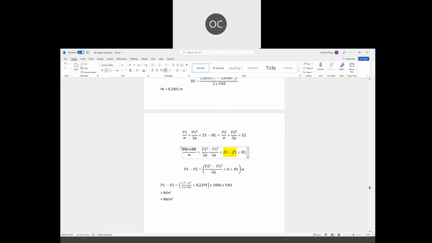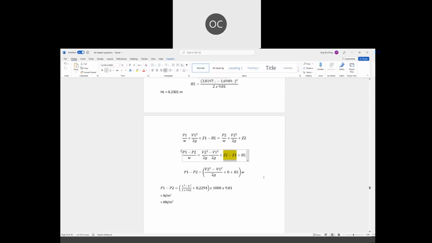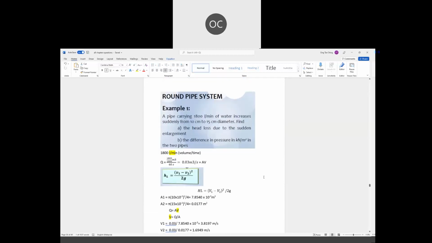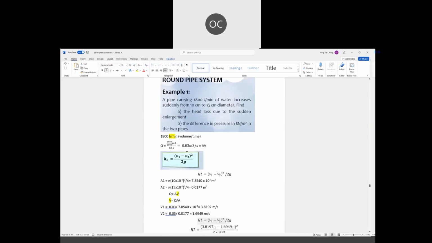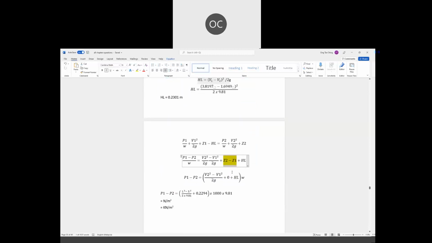Please pay attention to the potential energy, Z2 minus Z1. Since in your question it doesn't state that you have any inclined angles and so on, we will assume this pipeline is in horizontal form.